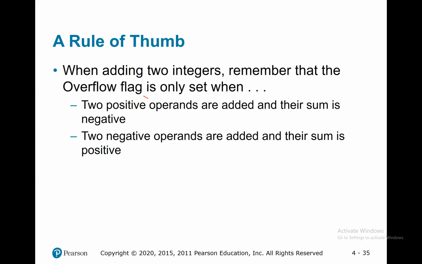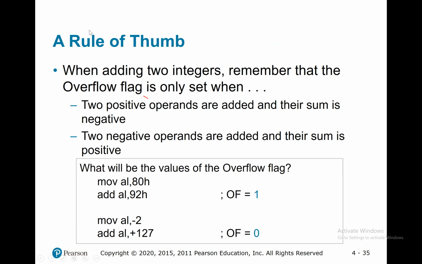Or 2 negative operands are added and their sum is positive. So here are some overflow examples. Here overflow, which is OV, will be set to 1, and here will be cleared.